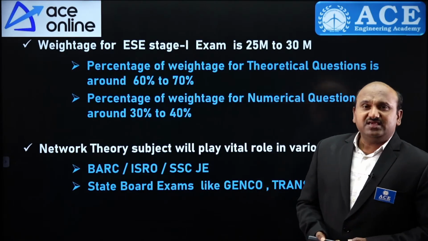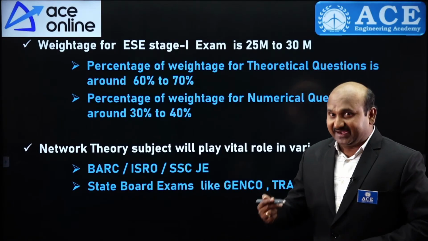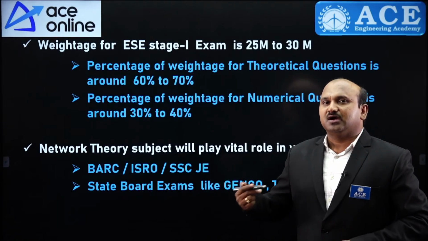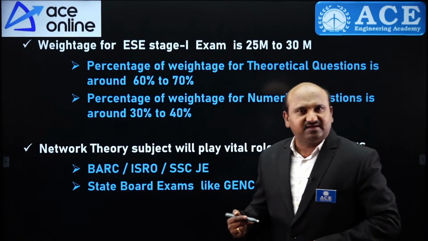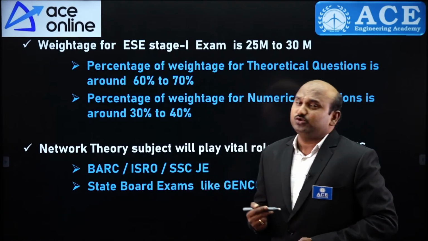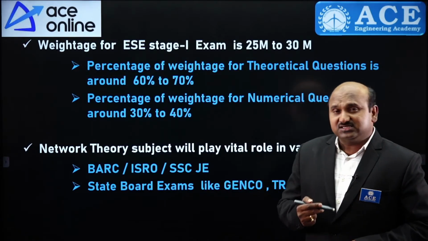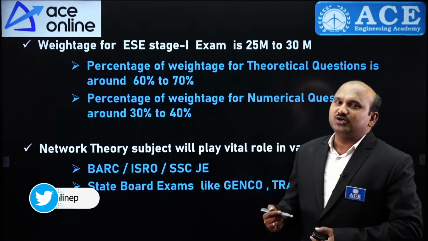For ESE, you need to prepare for stage 1 first. Once you take the stage 1 test, then after that you will get stage 2. First, we discuss stage 1. Under stage 1, in the network theory subject, you will get nearly 25 to 30 marks.